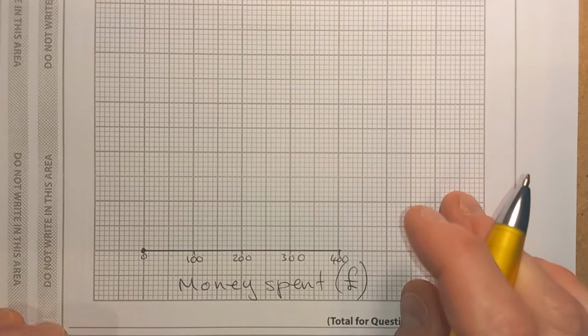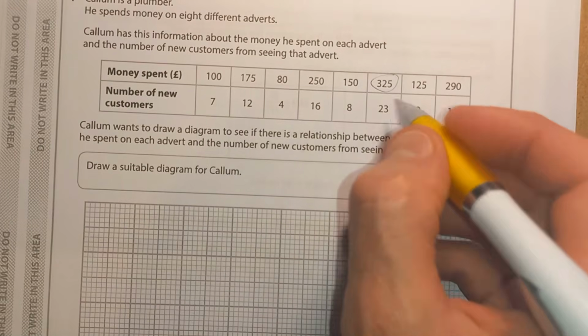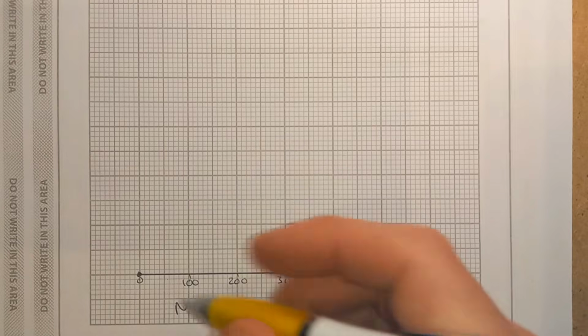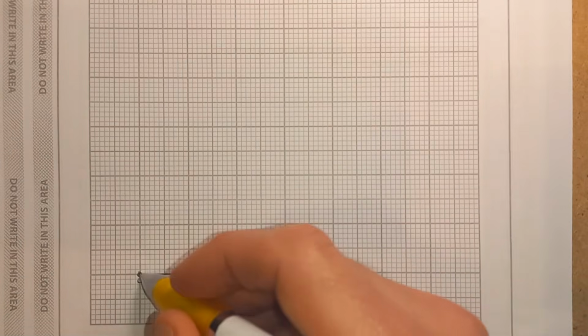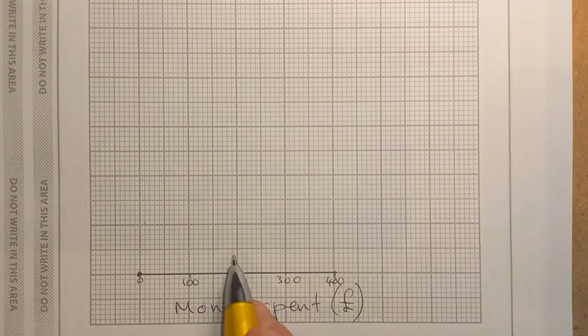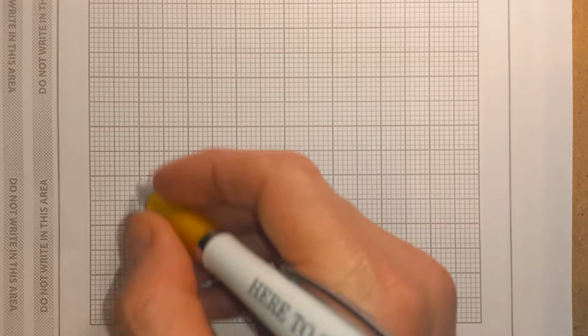And then we've got number of new customers. Well, what's the biggest number we've got? Well, that's 23. So we want to think about how can we spread this up here. We could just go 10, 20, but then the graph's going to be very small. So maybe we spread it out a bit more and say, well, what if we had 2 big boxes for each 10?